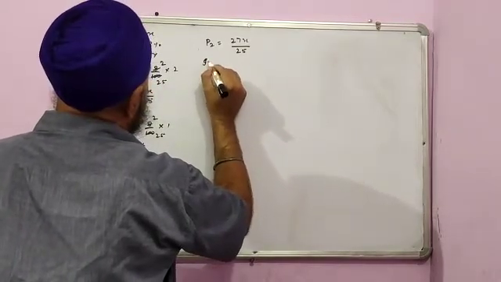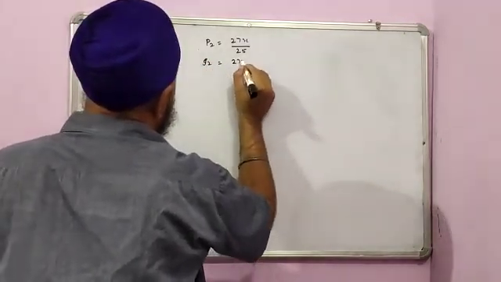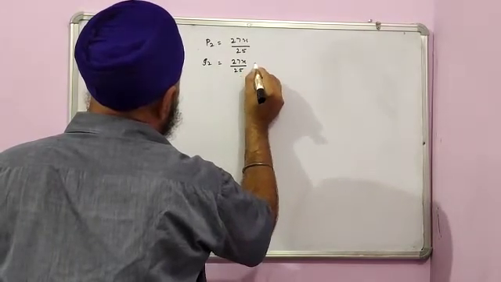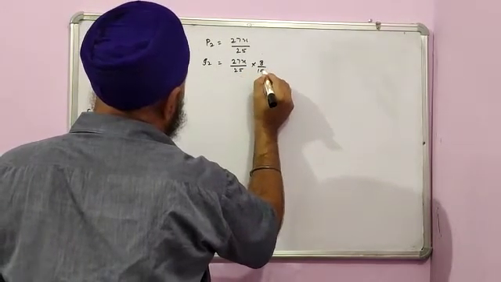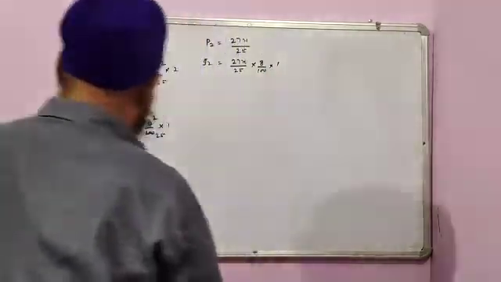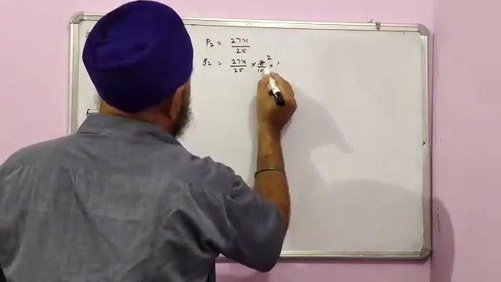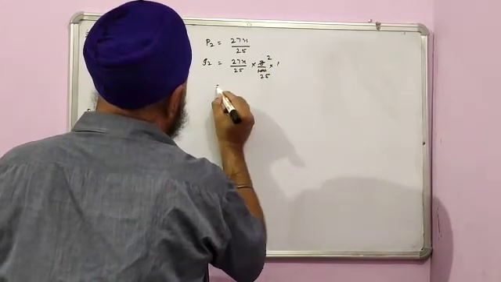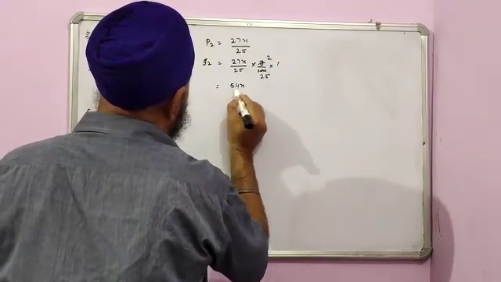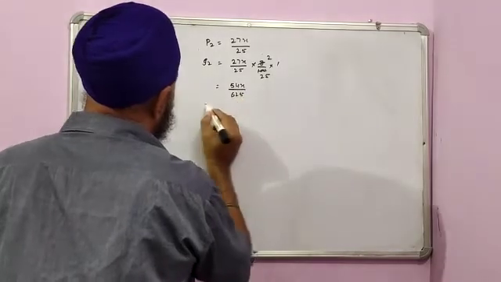Then interest for second year is 27x upon 25 into 8 upon 100 into 1. It is 54x upon 625.